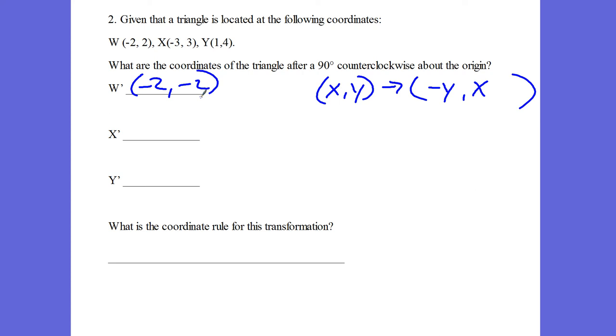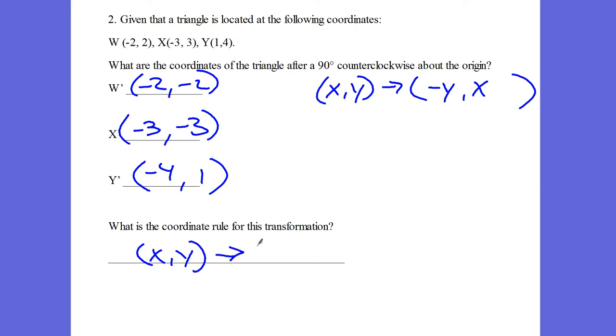The x value, -3, positive 3. Is it positive 3? -3, because it doesn't change, does it? Okay, and y? -4. And positive 1. Okay, so coordinate rule. That's what I was looking for here. x comma y. It's going to be my -y comma x. That's what we're looking for.